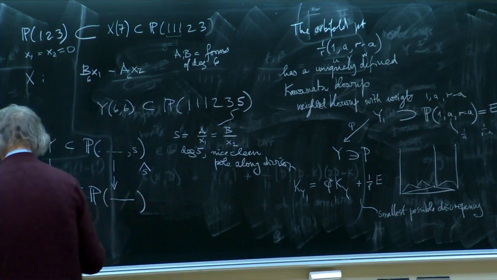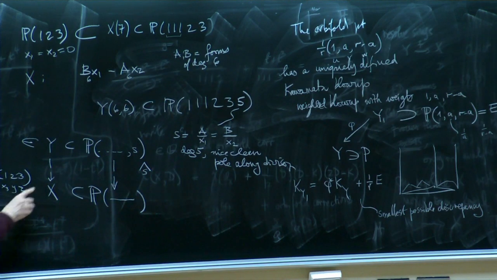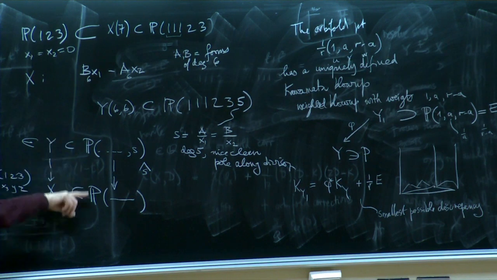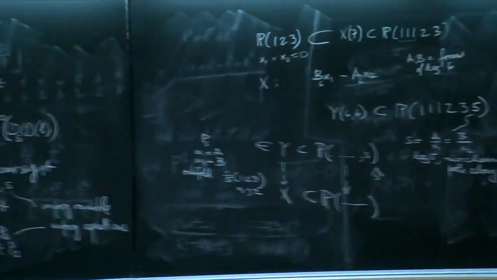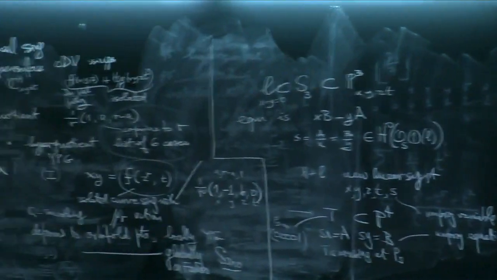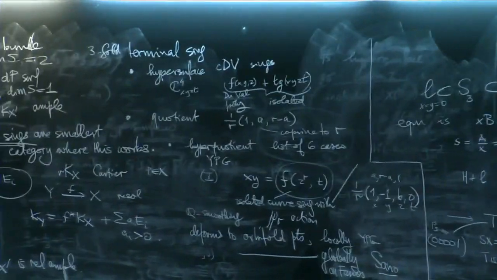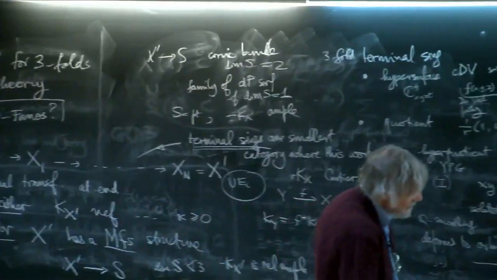Yes? And so what's happening here is, I said this is a simple-minded procedure. I'm just projecting away. I'm doing exactly what Del Pezzo and the Italian guys were doing in the 1890s.